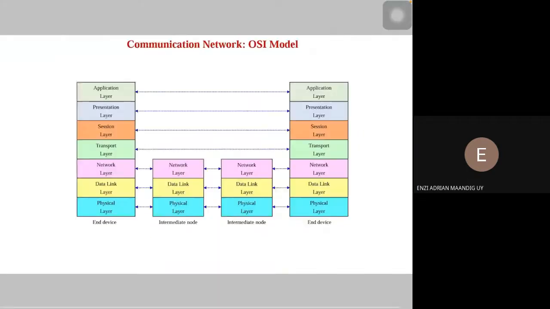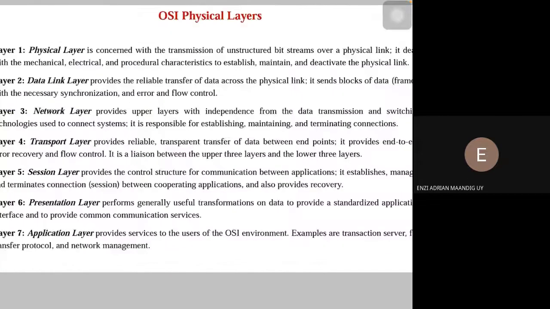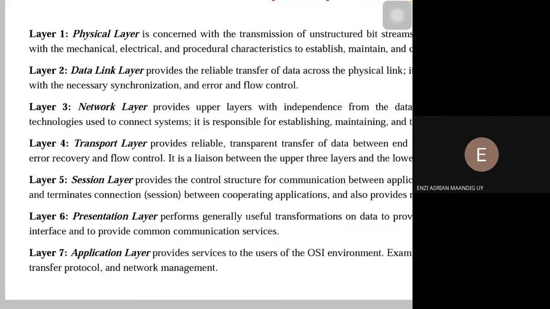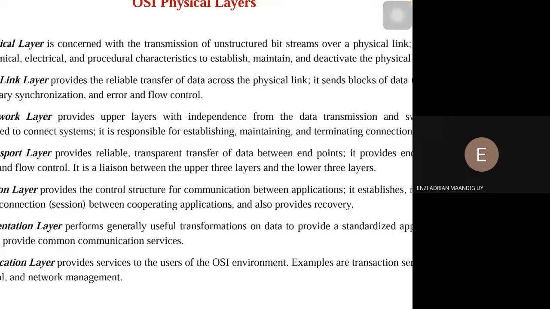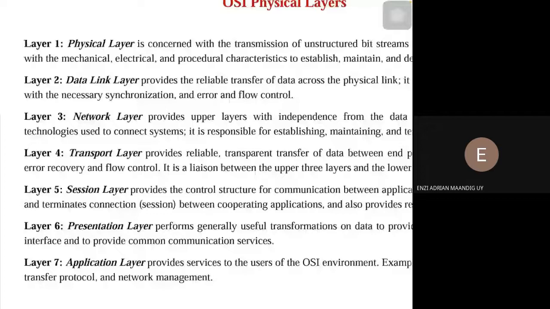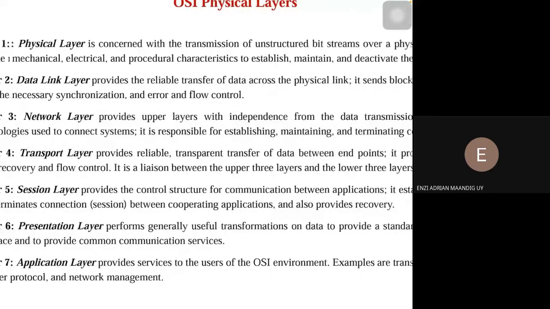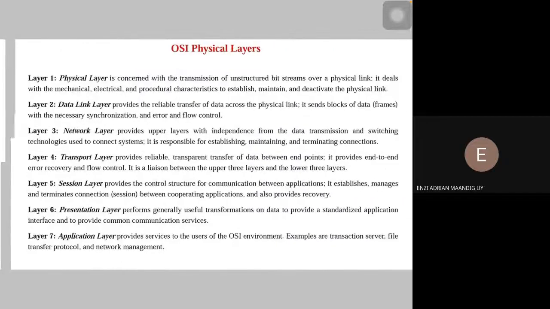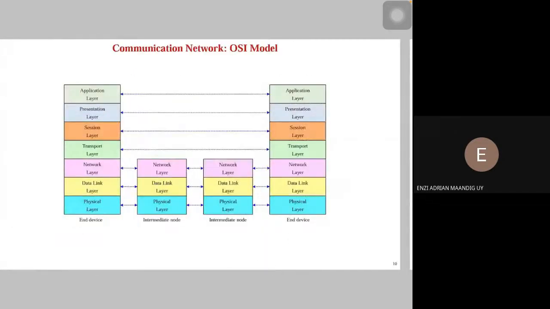So when you say application layer, layer 7 provides services to the users through software, or application software. Layers 4 to 6 provide reliable, transparent transfer of data, provide control structure for communication, and perform general useful transformation of data. So these are implemented through the operating systems of our computer.